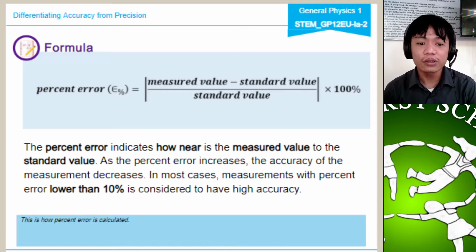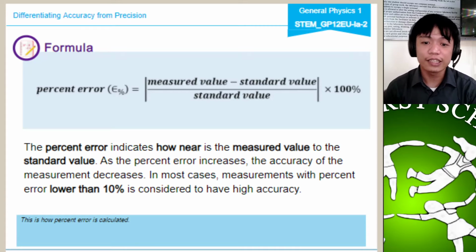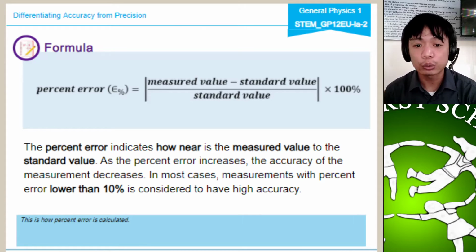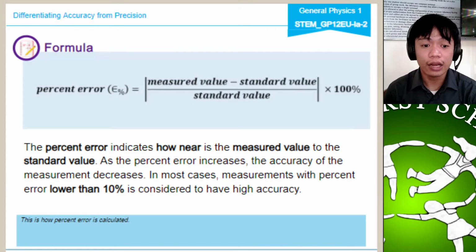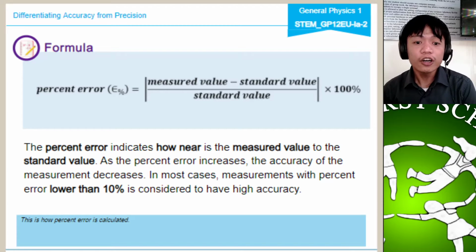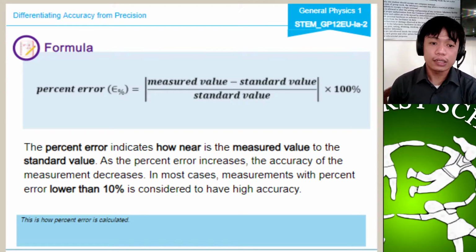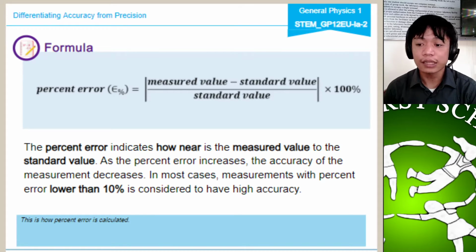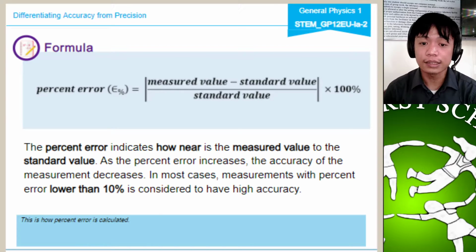Okay, next. The percent error indicates how near the measured value is to the standard value. So, meaning to say, we have to consider the percent errors. The formula in getting the percent error is now presented. Percent error is equal to the measured value minus the standard value, divided by the standard value, multiplied by 100.